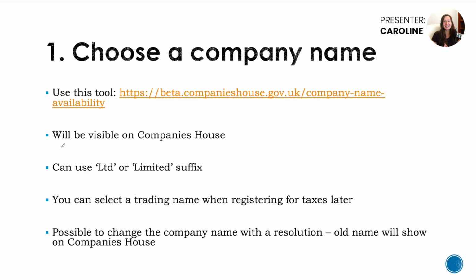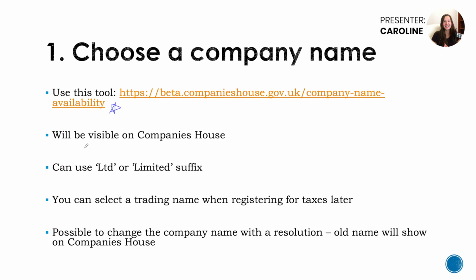Obviously there are some other steps involved too, but basically, once you've decided to start a company, you must choose a company name. Companies House has a tool to help you check whether the company name you've decided on is available. If you just type in company name checker Companies House or something like that into Google, it will come up as one of the first search results, so don't worry there.